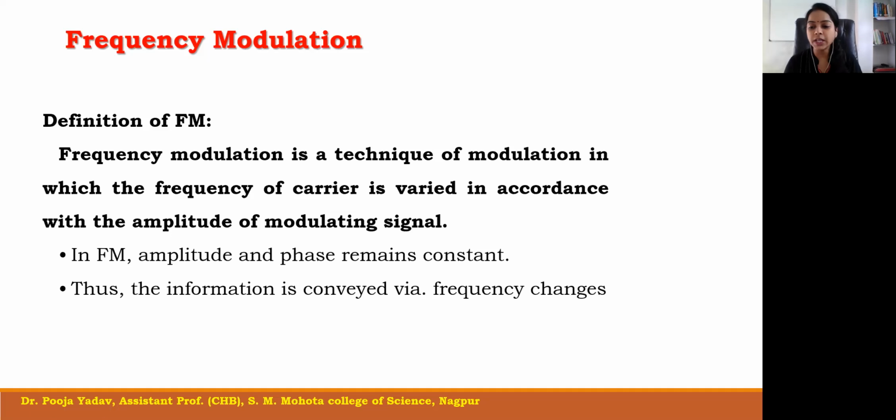Your amplitudes are going to be varied. So according to the varying amplitudes, your data is to be carried. We vary the frequency of the carrier signal according to the input signal, which is called the modulating signal. The definition is clear to you, how FM is done.